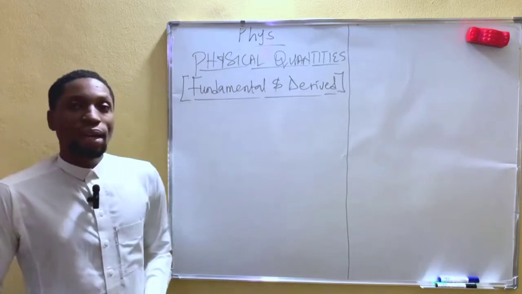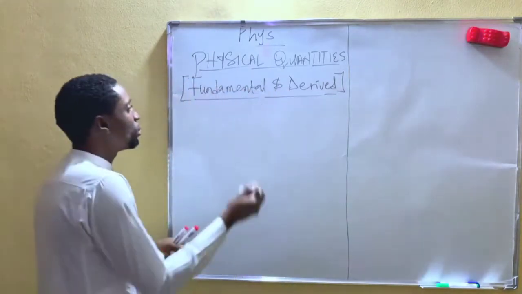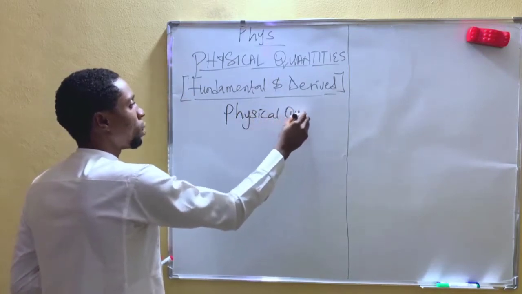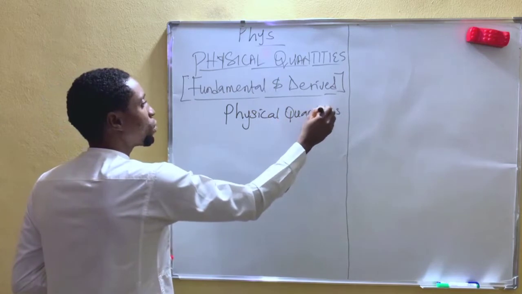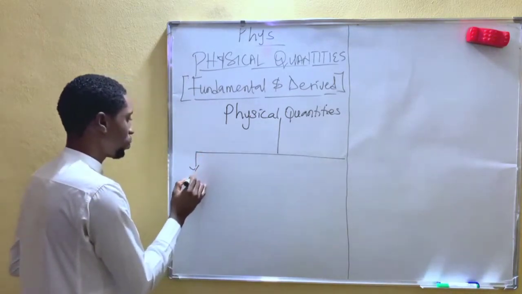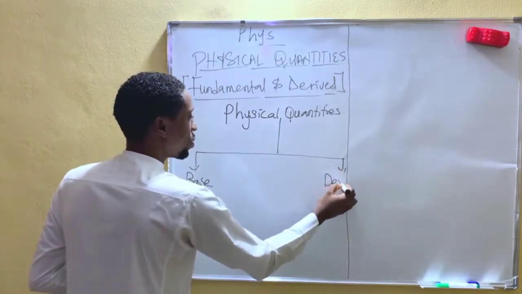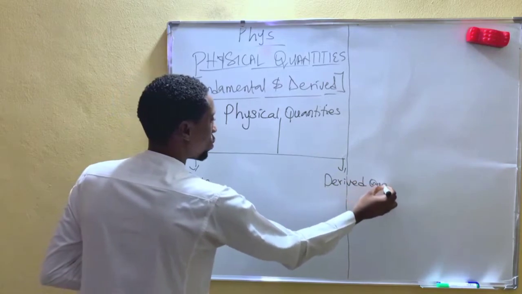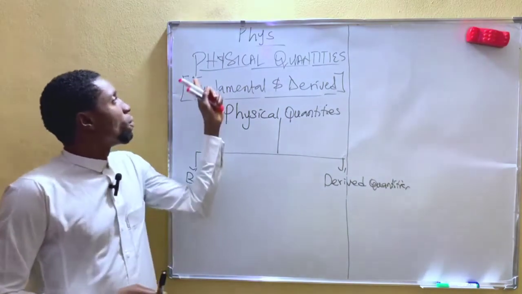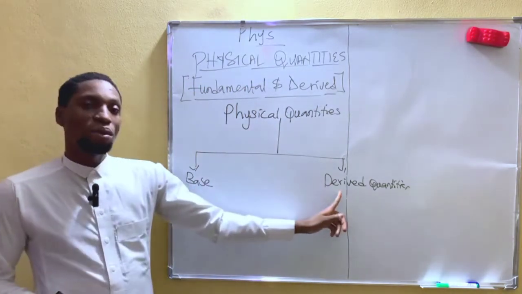Physical quantities are basically divided into two: base quantities and derived quantities.